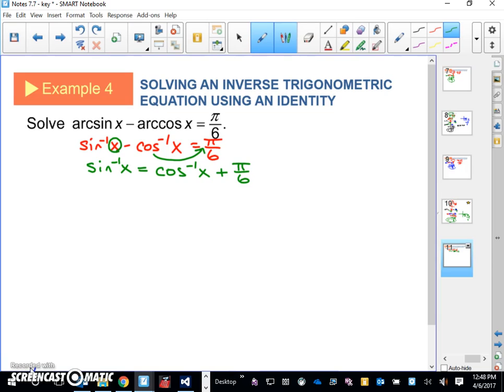If I'm still trying to isolate that variable, peeling the onion, I'd have to get rid of this inverse sine. And so we're going to end up taking sine of both sides. Gives me x equals sine of inverse cosine of x plus pi over 6.